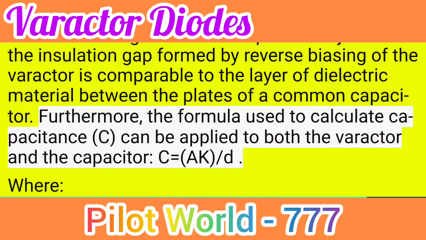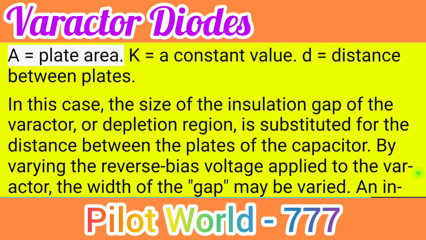Furthermore, the formula used to calculate capacitance C can be applied to both the varactor and the capacitor. C equals A K over D, where A equals plate area, K equals a constant value, D equals distance between plates. In this case, the size of the insulation gap of the varactor, or depletion region, is substituted for the distance between the plates of the capacitor.